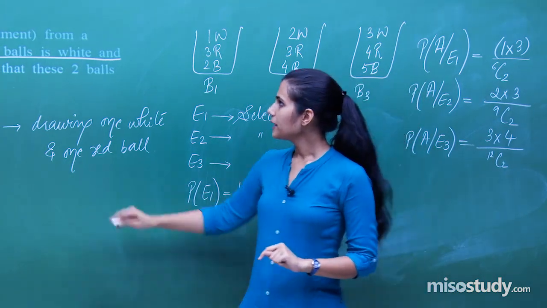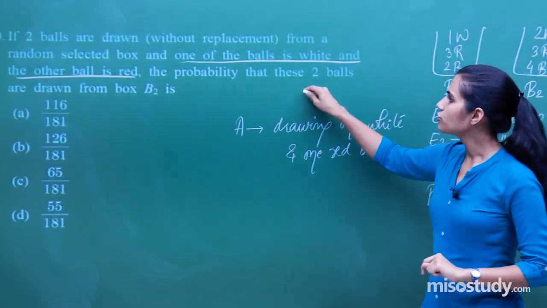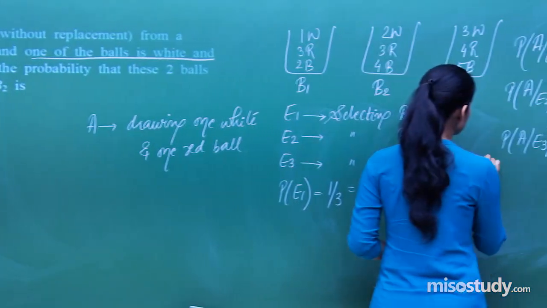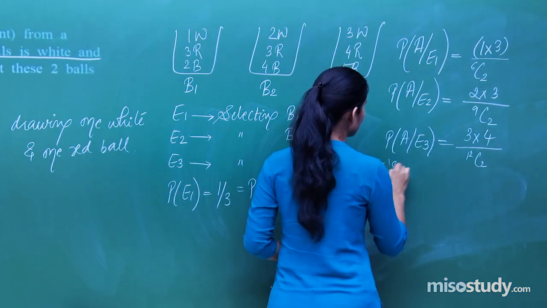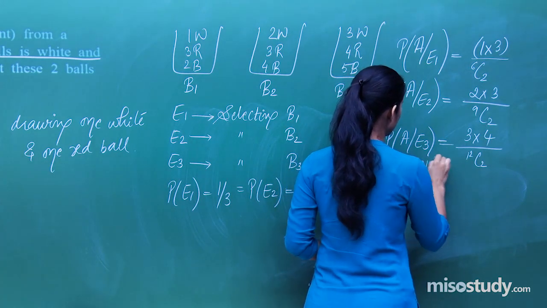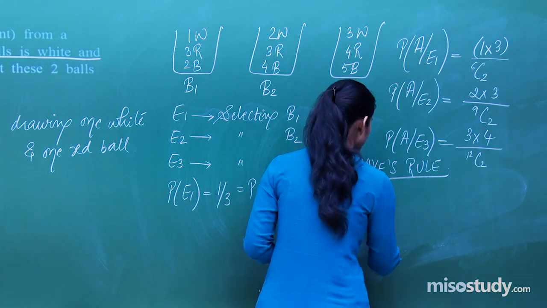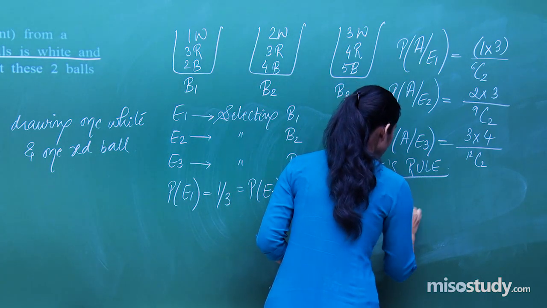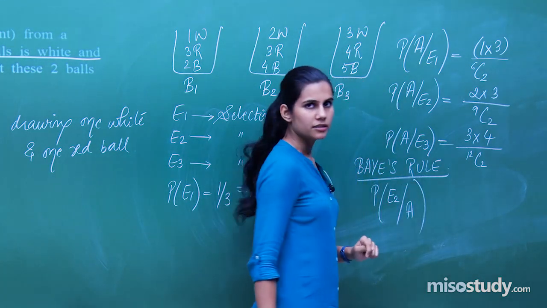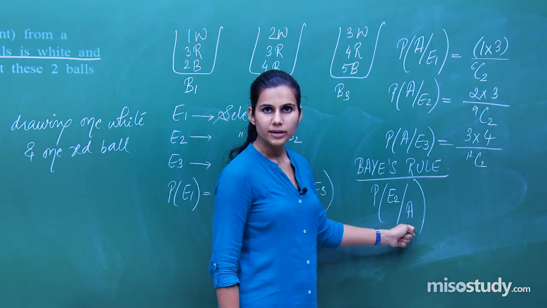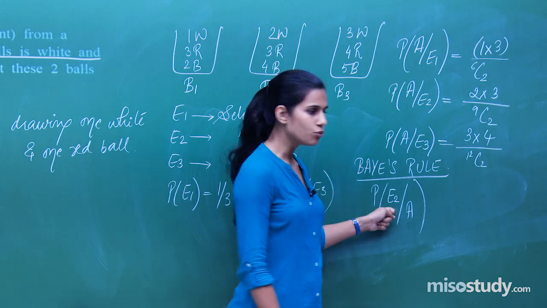What is the probability that one white and one red ball was drawn from box 2? We are talking about the Bayes rule. I am interested in the probability of this event, the probability that one white and one red ball was selected from box 2. What is this?